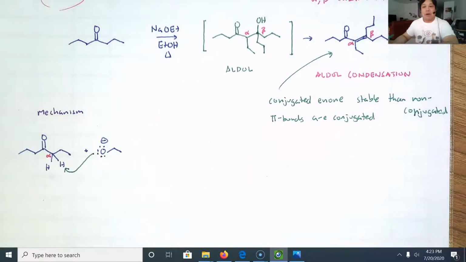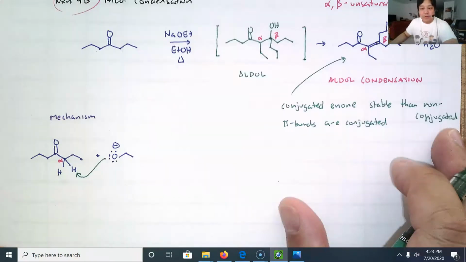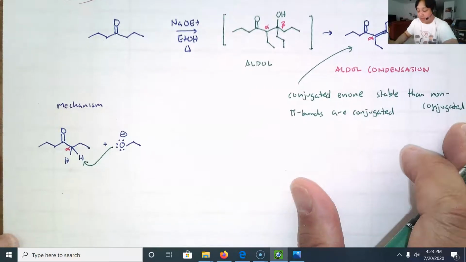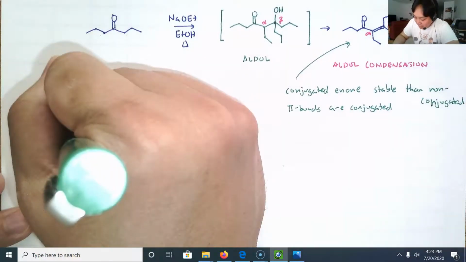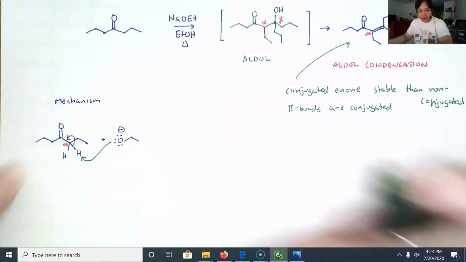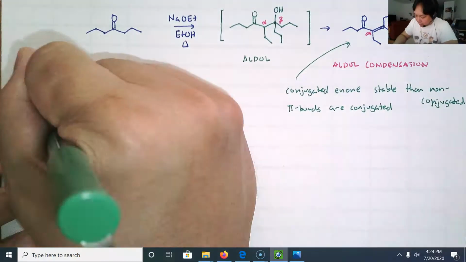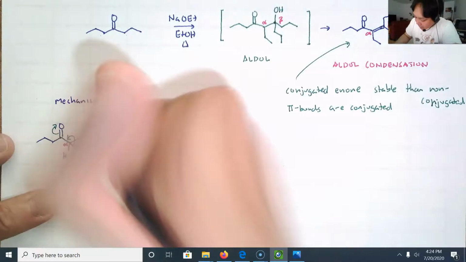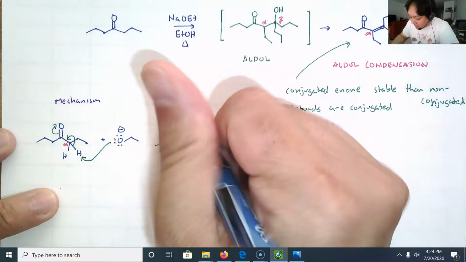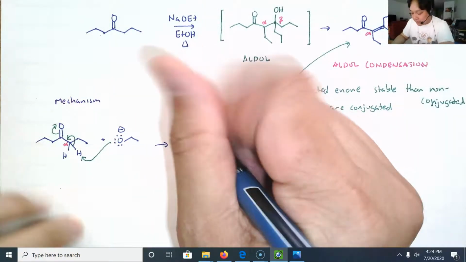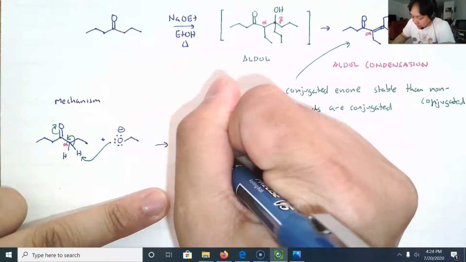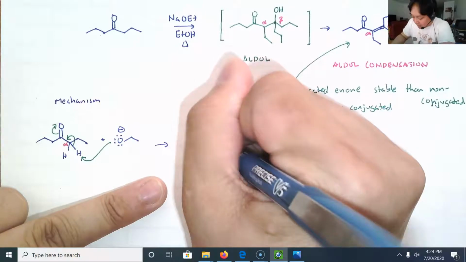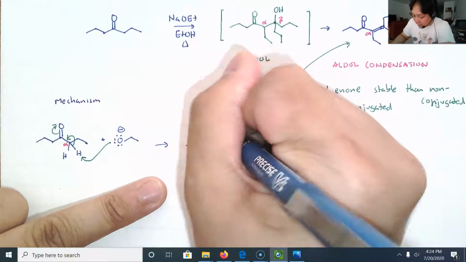And do you recall that I don't typically draw the anion on the carbon? I draw the anion on the oxygen. So you're going to make a double bond there, and you're going to push up the pi bond to that oxygen. Now, there are some websites and some professors who say go ahead and put the anion on the carbon. It is essentially the same thing because those are resonance structures.